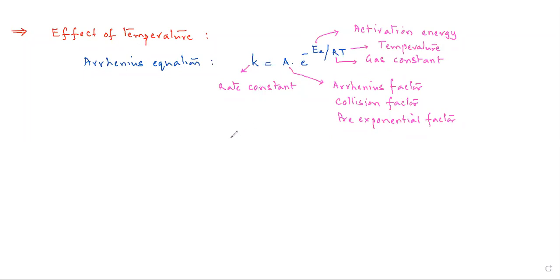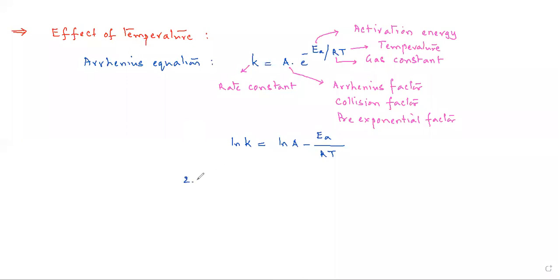Now, but before that let us take the mathematical thing, taking log on both sides. Right, ln, I told you very clearly that when I write ln, it is log base e, natural logarithm. So it can be written as ln k is equal to ln A minus Ea by RT.